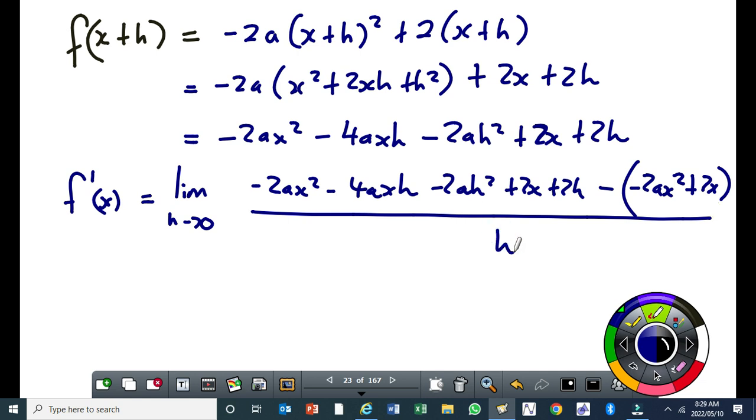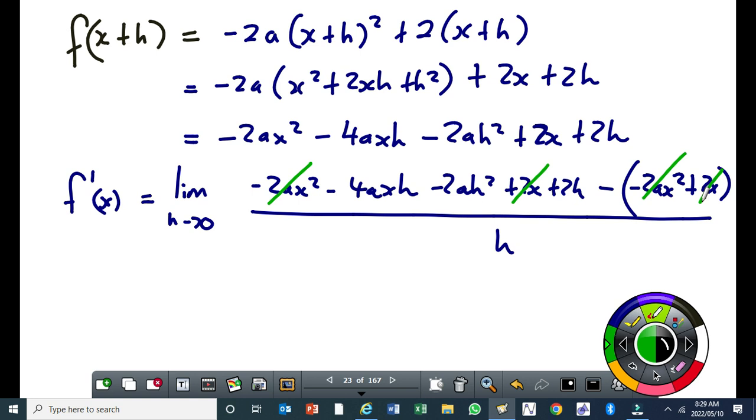Now, if I remove brackets, this minus 2ax squared is going to cancel out that minus 2ax squared, because the minus becomes positive because of that negative. Then this 2x here and that 2x will also cancel out.